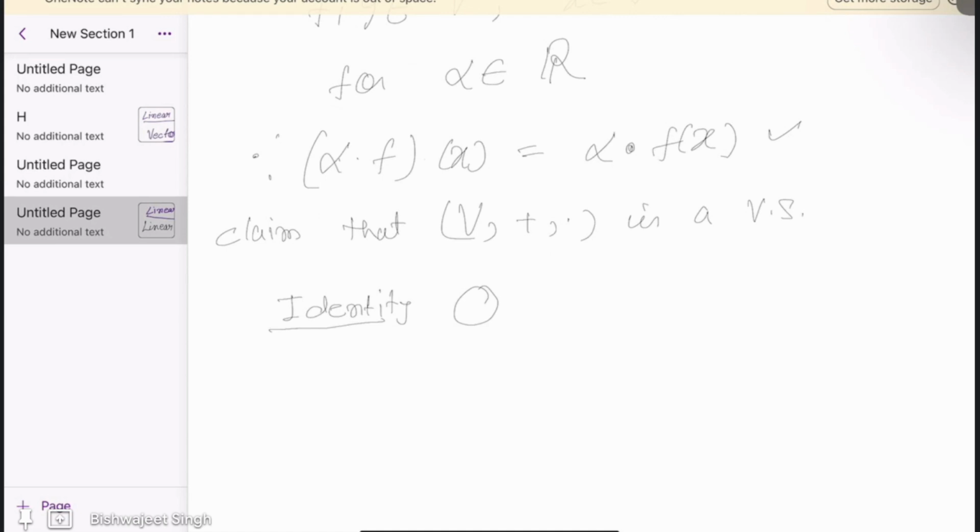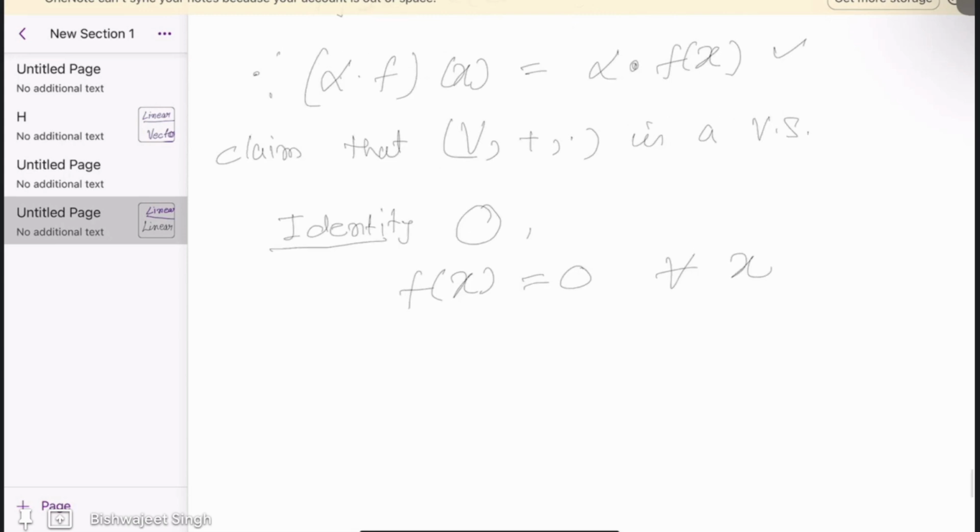What will be my 0? This is going to be the 0 function, that is, f of x equals 0 for all x. So the identity is going to be the 0 function. One thing to note here is that this identity belongs to V, so it should be a member of V. And what kind of elements does V contain?